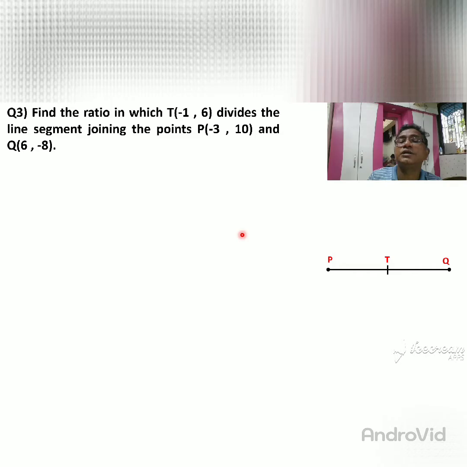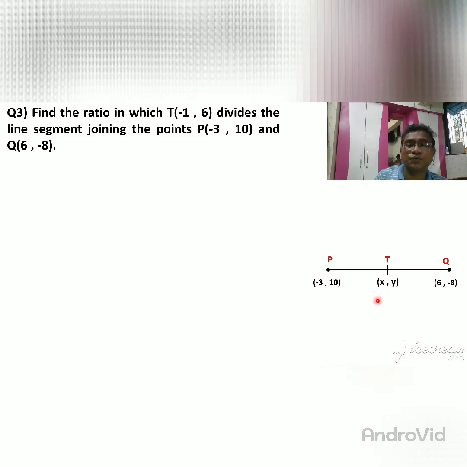Here is the point P, this is T, which divides the segment PQ, and this is Q. P's coordinates are written here, -3 and 10. T's coordinates are x and y, and Q's coordinates are 6 and -8. So this is the ratio you want to find out.